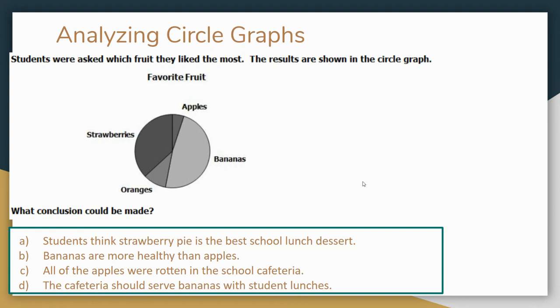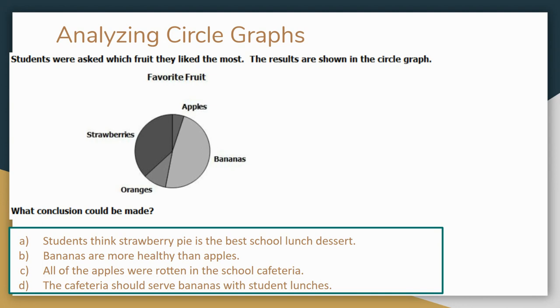Okay, here's our last example. So students were asked which fruit they liked the most, and the results are shown in the circle graph. So we've got our title, favorite fruit, and it's split into 4 different categories. So apples, bananas, oranges, and strawberries. We want to figure out which conclusion can be made. A, students think strawberry pie is the best school lunch dessert.